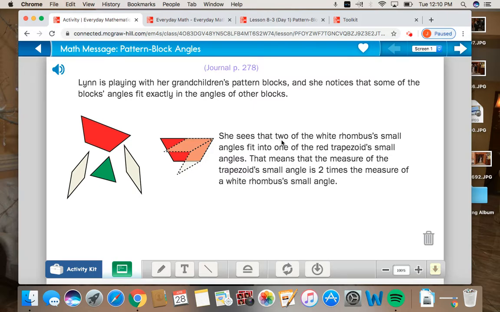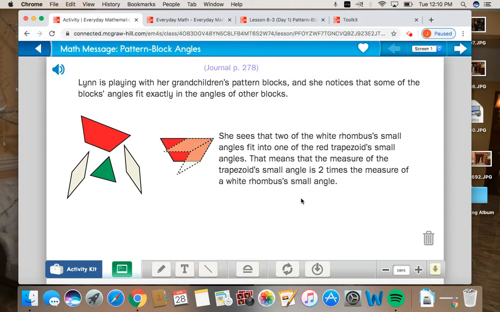She sees that 2 of the white rhombus's small angles fit into 1 of the red trapezoid's small angles. That means that the measure of the trapezoid's small angle is 2 times the measure of a white rhombus's small angle.